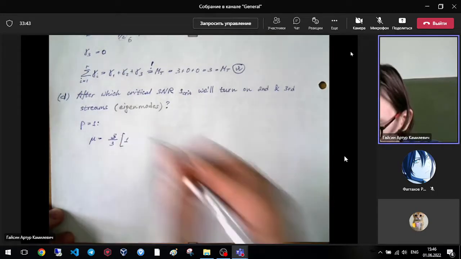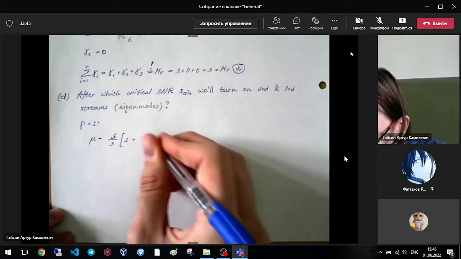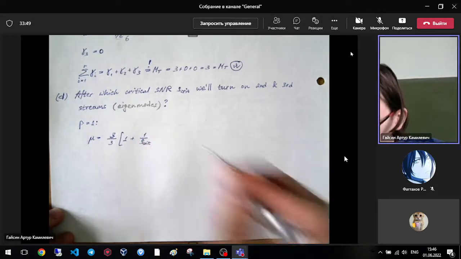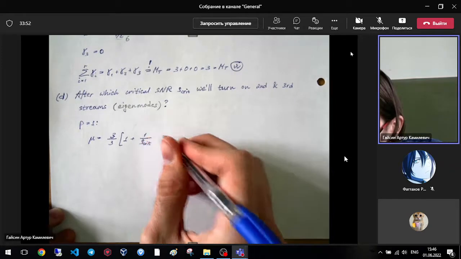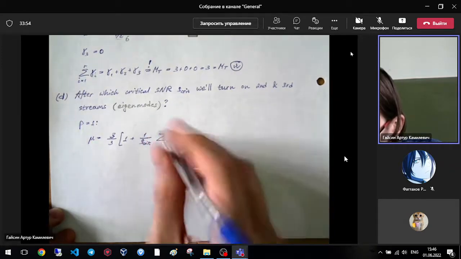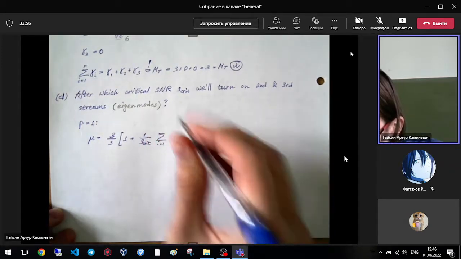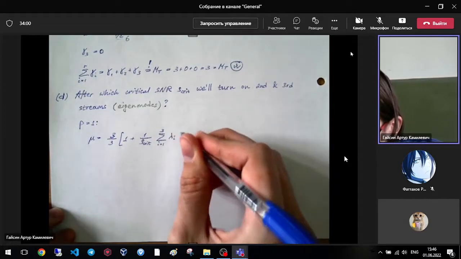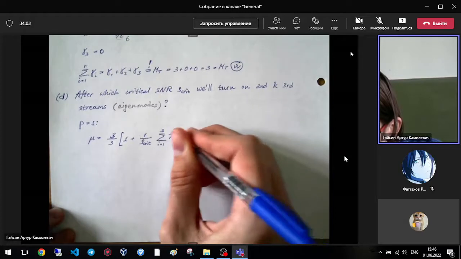Inside of the braces we have 1 plus 1 divided by rho critical, and then here the sum of eigenvalues, I from 1 to 3, of 1 divided by lambda I.